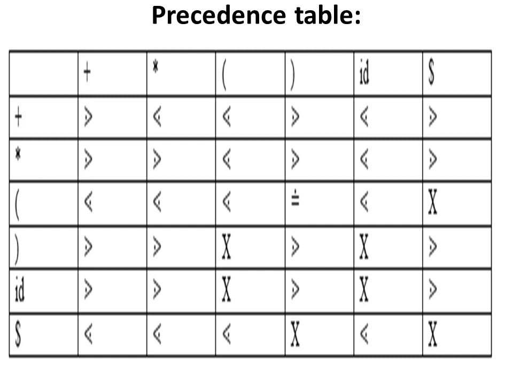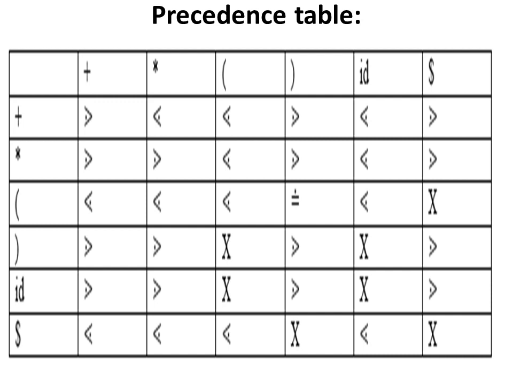In the precedence table, we have taken the terminals, that is operators: plus, multiplication, open bracket, close bracket, ID as one terminal, and dollar. On the left hand side also the same operators are taken. Now taking plus and plus, when both the operators are equal, it will have the greater precedence.